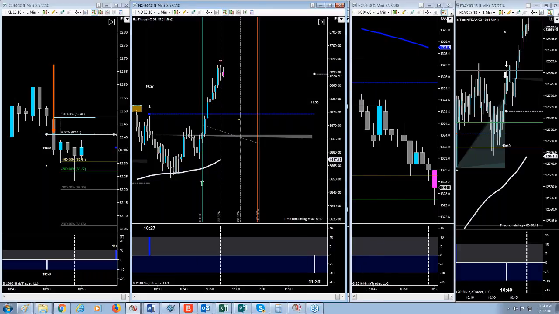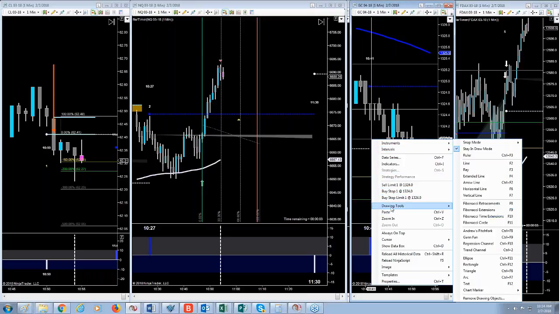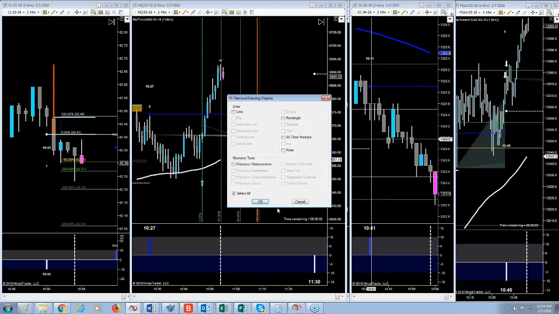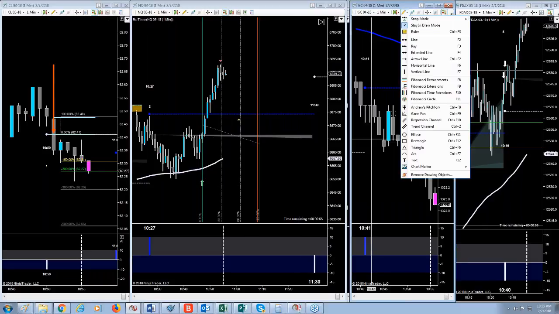Okay, your last setup on gold was a short at 1041. That was a 10 tick winner. You had a trend signal at 1041.